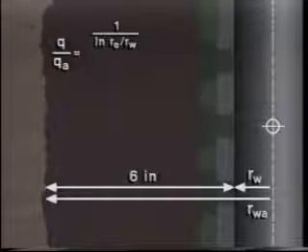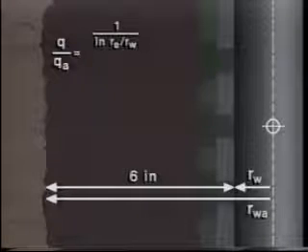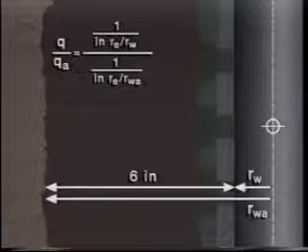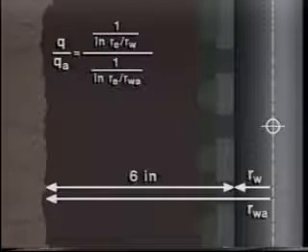To make the point, let's take the extreme case where a matrix acid treatment dissolved the formation to a distance of 6 inches from the wellbore. One way to estimate the post-treatment production increase uses Darcy's radial flow equation. Comparison of natural and acidized production rates is reduced to a simple ratio where the natural log of the drainage radius divided by the wellbore radius is divided by the natural log of the drainage radius divided by the acid-altered wellbore radius.